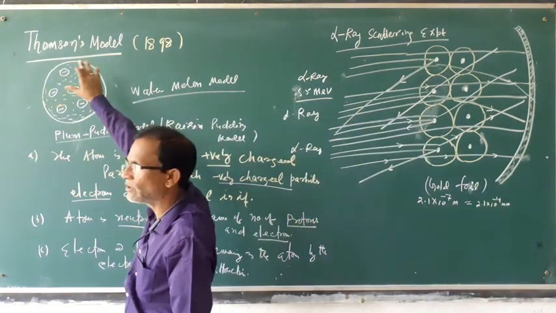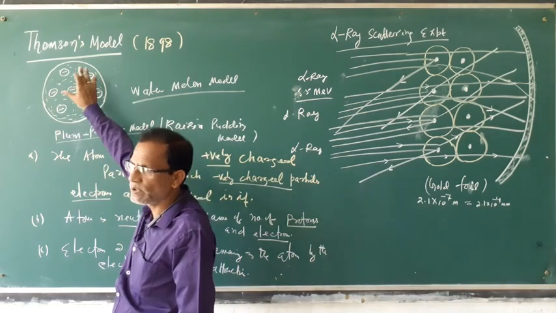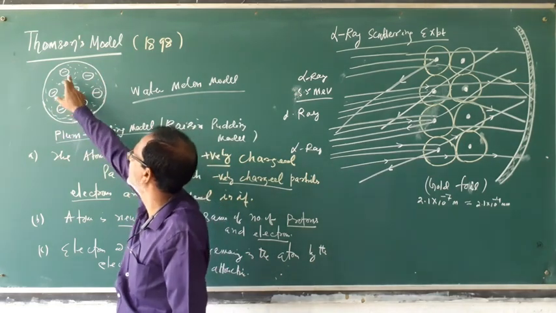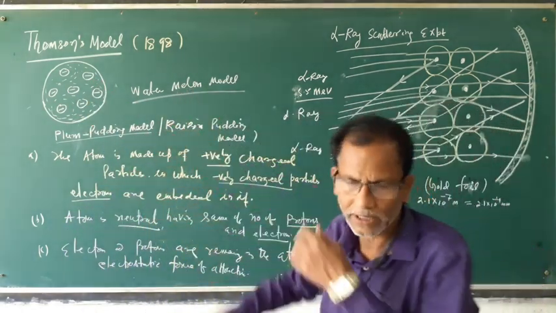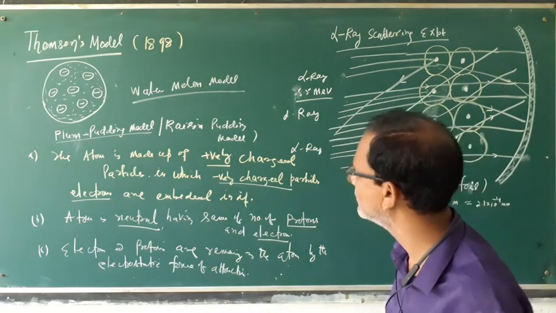The whole atom is made of a positive charge sphere, and the negative charge electrons are embedded, fixed inside the atom. So there is no fixed position, like a watermelon.